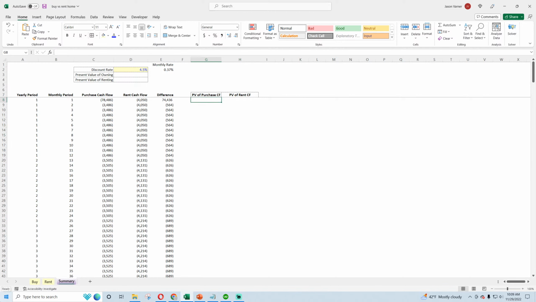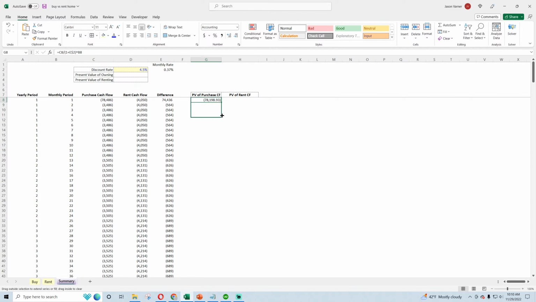So the present value of purchase would be, we want to take this value and divide it by 1 plus the monthly rate, raised to the monthly period, which is right here. Okay, and then we drag that down.